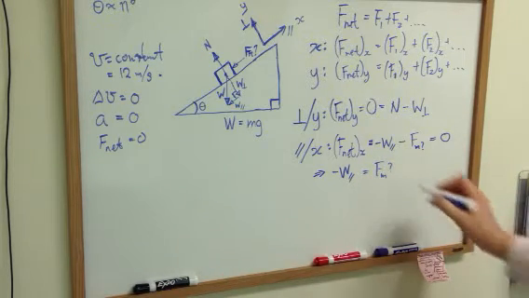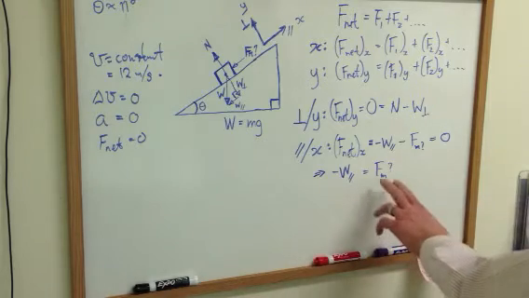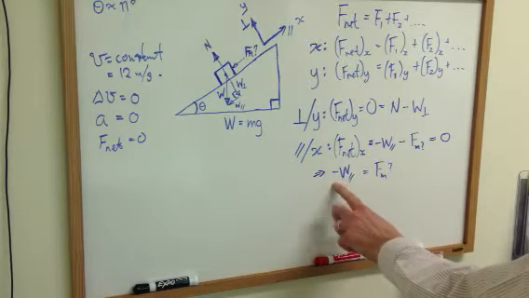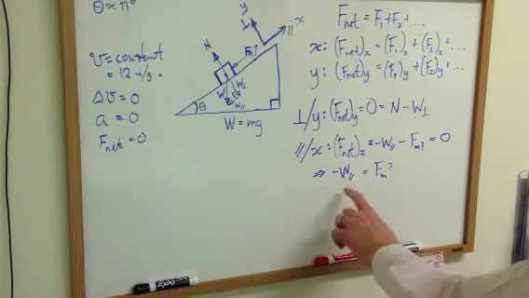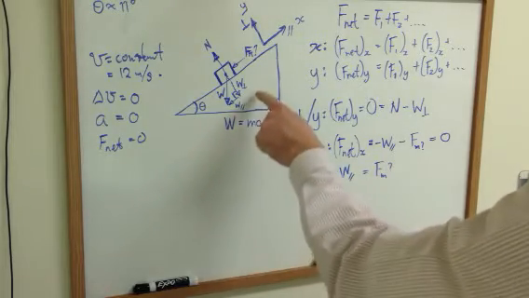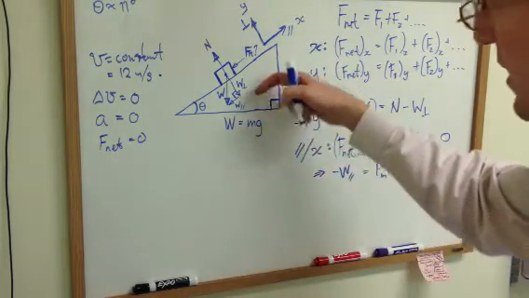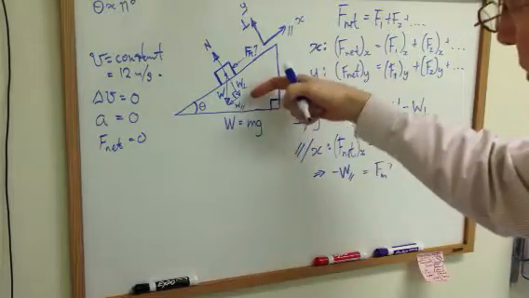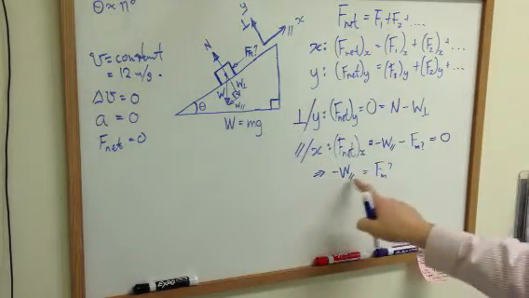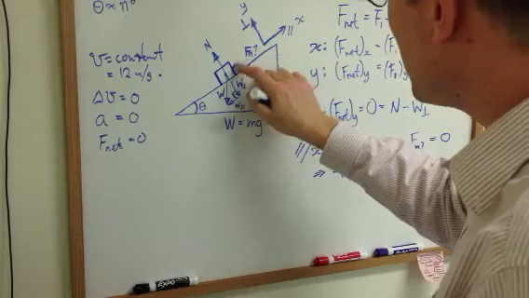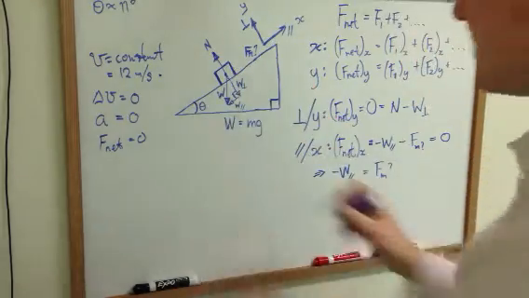I don't know what that is, but it's equal and opposite to the portion of the weight that's pulling down. So he must be equal and opposite to it.